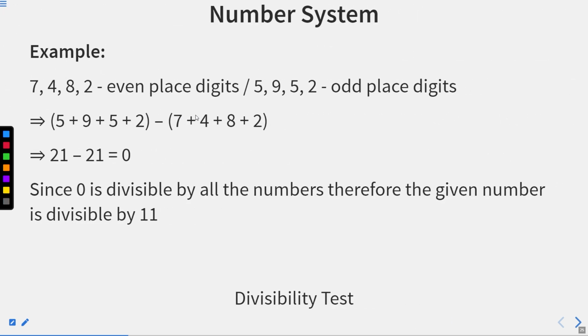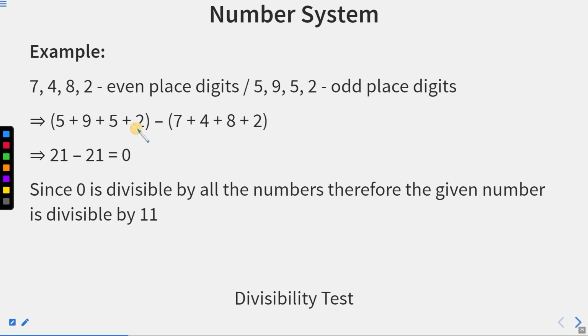Suppose we have a number in which the digits at even places are 7482 and the digits at odd places are 5952. So what you have to do is take the sum of the even place digits, take the sum of the odd place digits, subtract them, and the result should be divisible by 11.